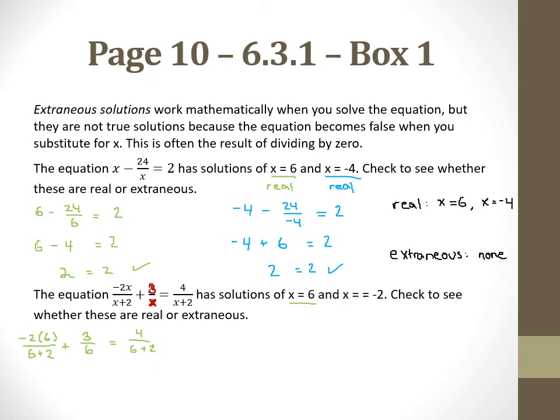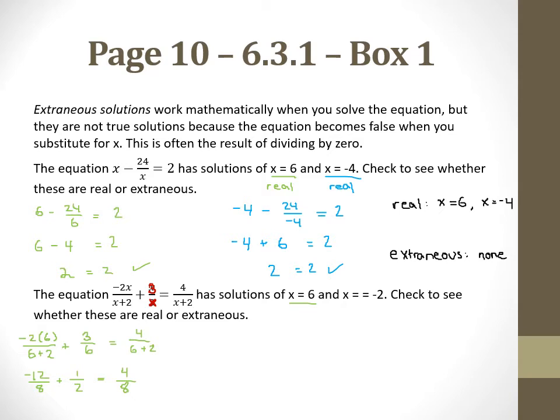Now if we simplify this out, negative 2 times 6 is negative 12 over 6 plus 2 is 8, plus 3 over 6. We can simplify that while we're at it. 3 over 6 is the same as 1/2, and that is supposed to equal 4 over 6 plus 2, 4 over 8.